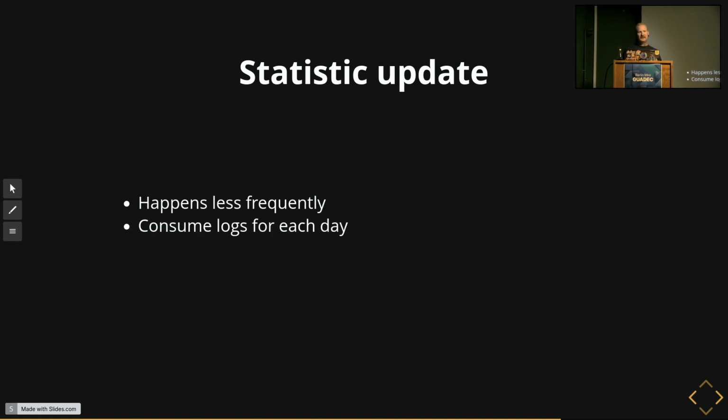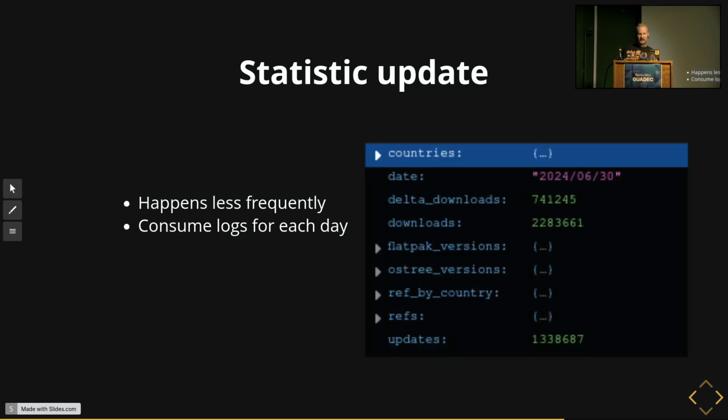We can basically consume the server logs, so when you download a Flatpak, it's using curl on the inside, and it sends which Flatpak version you're using and what you're downloading. But that's pretty much it. We have all those logs, we aggregate those, and we store it into the storage, and it looks a little bit like this.